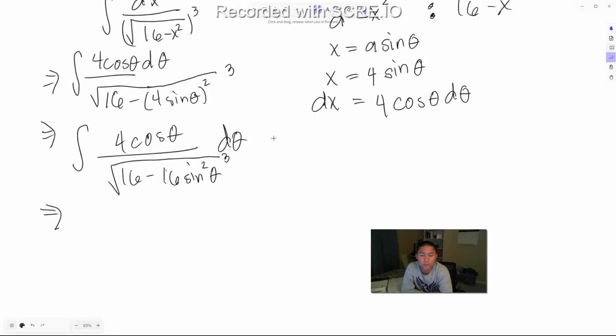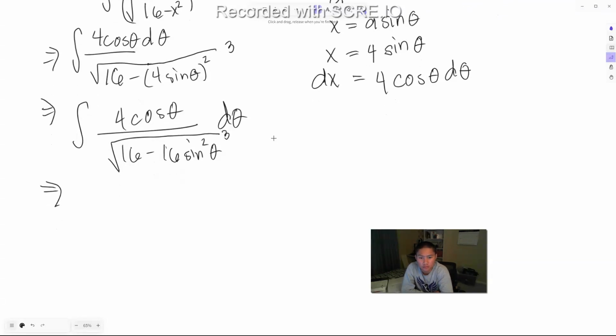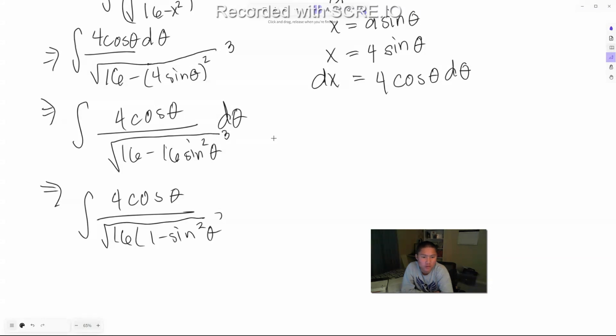Let's go down here. Now, I'm going to factor out the 16 from here. So it should be equal to 4 cosine theta over the square root of 16 times 1 minus sine squared theta, and that's all cubed, d theta.